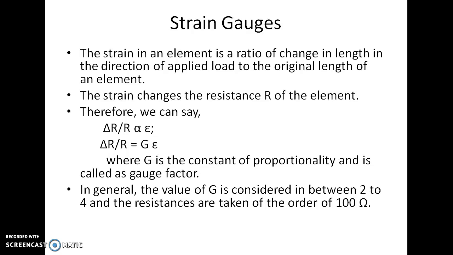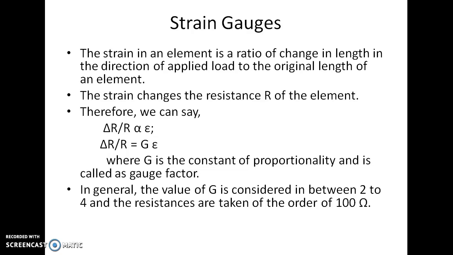We denote strain by epsilon, which is equal to change in dimension divided by the original dimension. Whenever you apply some force on any element or object, then due to the stress generated, the dimension changes. So here we will use that.